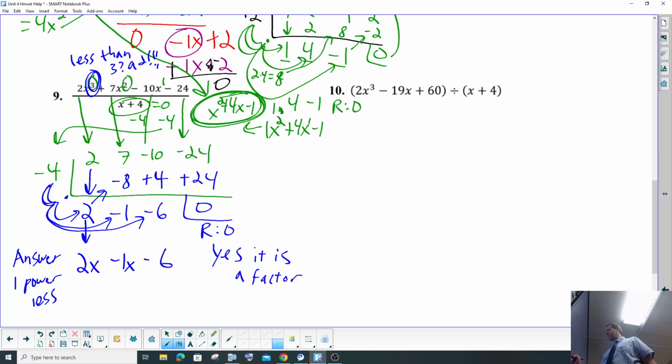And then we do 1 power less. So 1 power less means we're going to do the squared, and then a first power, and the next to the 0 power, which anything to the 0 power is just a 1 and goes away. And so our final answer is 2x squared minus x minus 6. Way-o! With the remainder of 0.